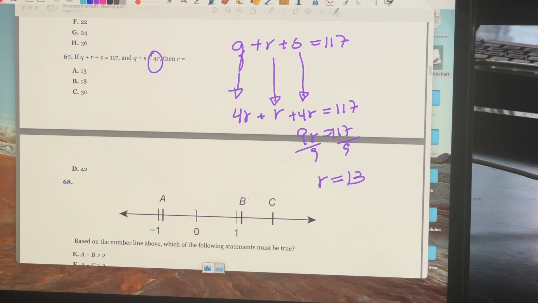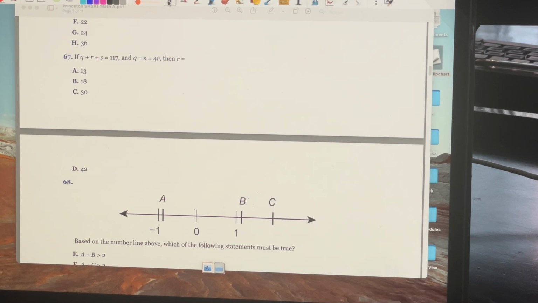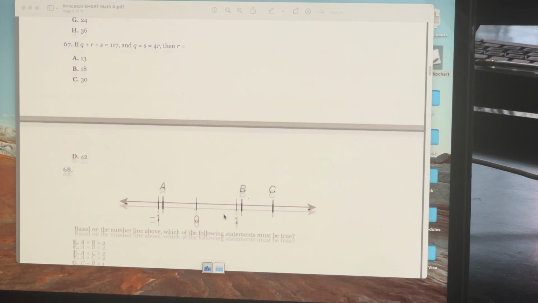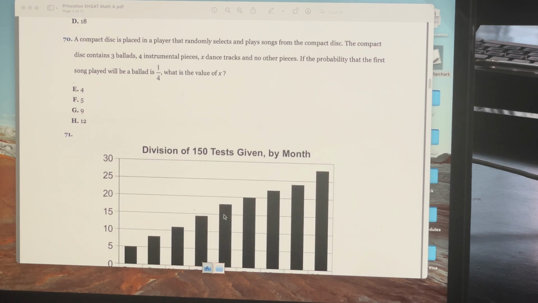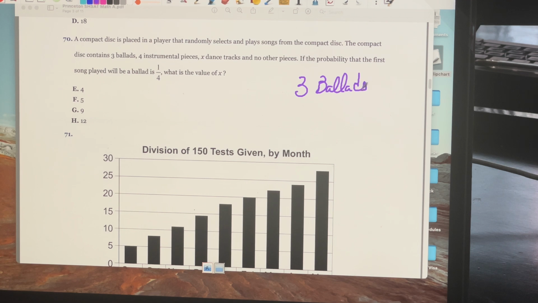Okay, 70. A compact disc player randomly selects a song. There are 3 ballads. So let me write what we have here because we want the probability, right? So 3 ballads, 4 instrumental, X number of dance, and that's it.